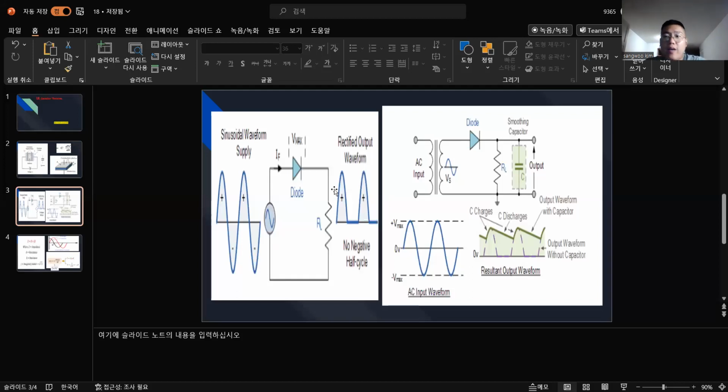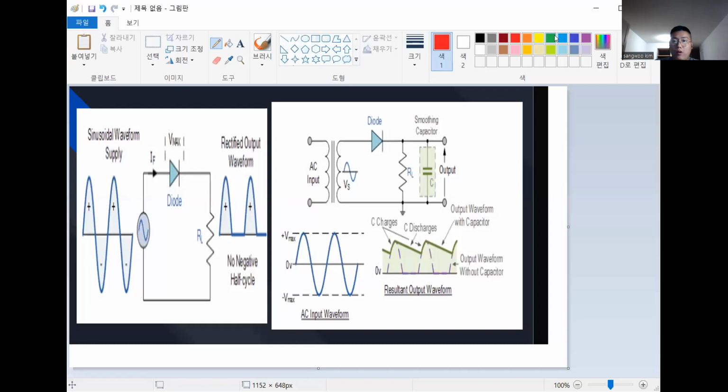Yeah, and move on. This is about the diode, and later, if I have a chance, I will mention power electronics. But let's focus on here. This is a diode, simply from anode to cathode. It's only one way, the current only flows from anode to cathode.